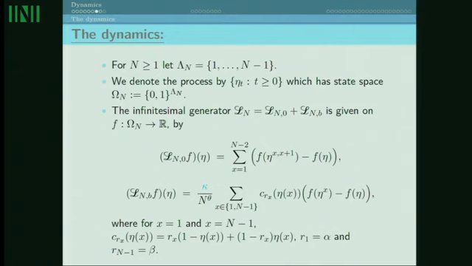So let's look at x equal to 1, which means that my R1 is equal to alpha. So I'm looking at the left rate, at the left boundary. I have alpha times 1 minus eta of 1. So 1 minus eta of 1 is non-zero if eta of 1 is equal to 0, right? Because I have 1 minus 0.